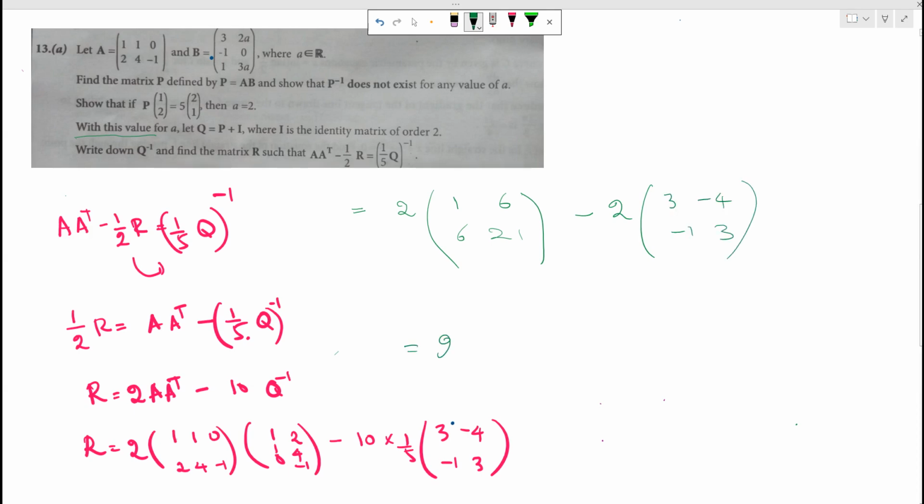Again I can take 2 out, so 1 minus 3 minus 2, 6 minus 4, 6 plus 4 10, again 6 minus 1 5, then again 2 minus 6, 2 minus 3 minus 1. So this is the answer.